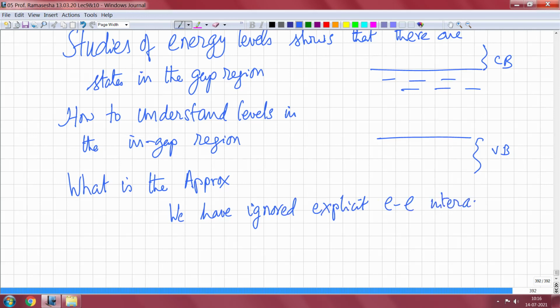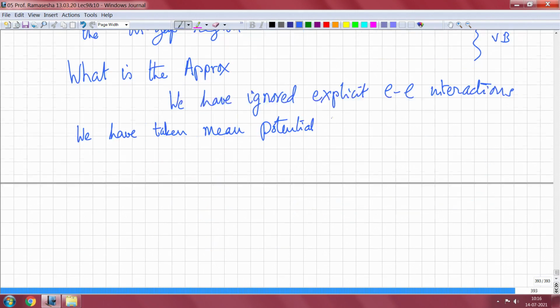What we have done is just taken a mean potential by averaging the electron correlations over the eigenstates, and then replaced the electron-electron repulsions using this mean potential. This replaces electron-electron correlations.